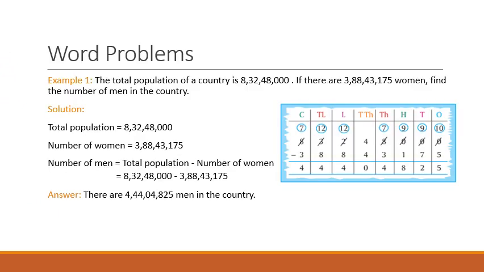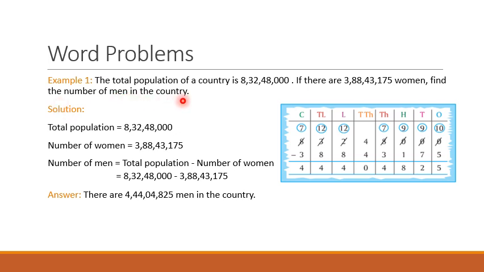Now let's see a few word problems based on subtraction of large numbers. So example 1. The total population of a country is 8 crore 32 lakh 48,000. If there are 3 crore 88 lakh 43,175 women, find the number of men in the country.